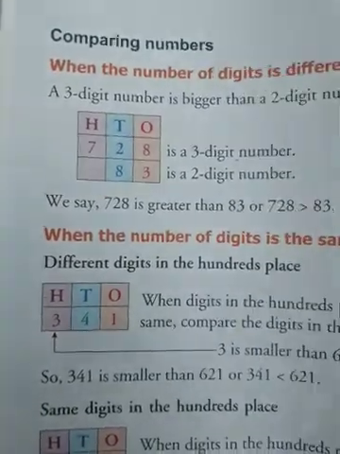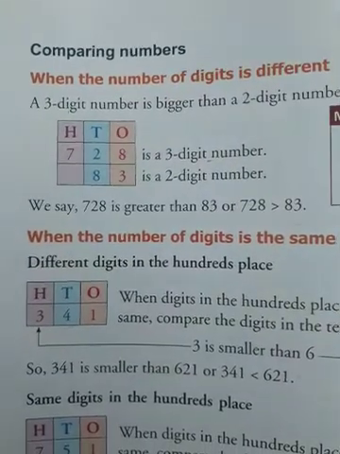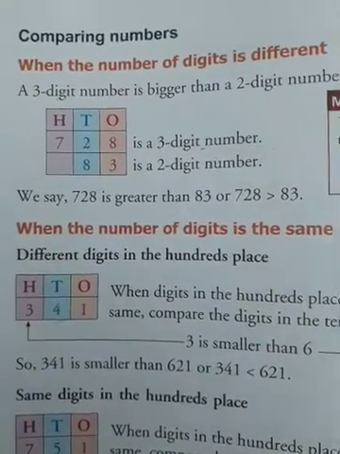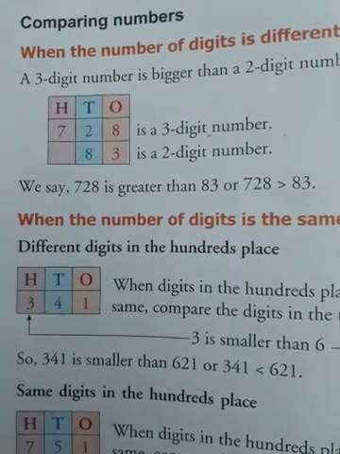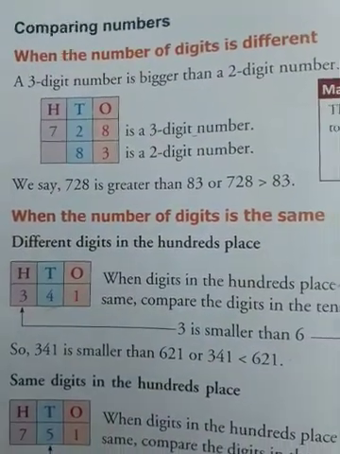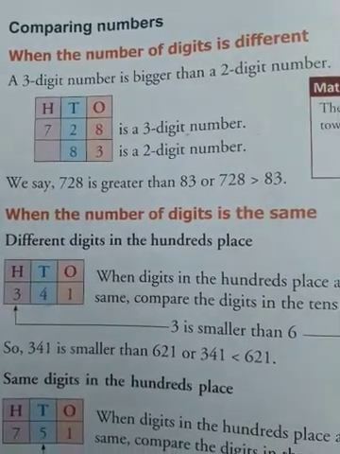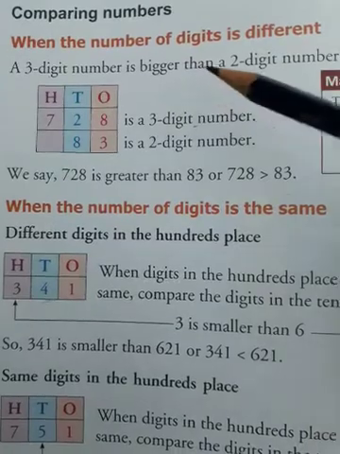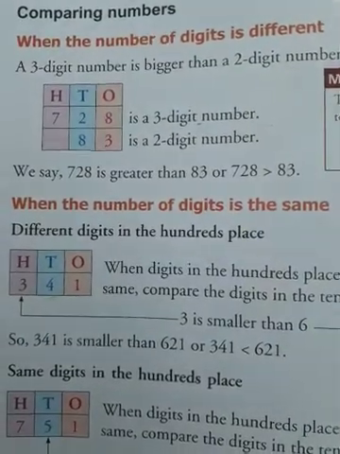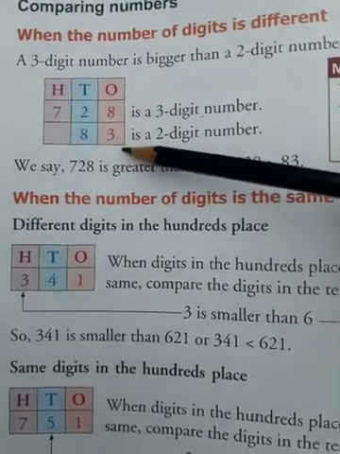Okay, now we start. When the number of digits is different, we can easily compare the two numbers. A 3-digit number is bigger than a 2-digit number. You can see here 728 and 83.